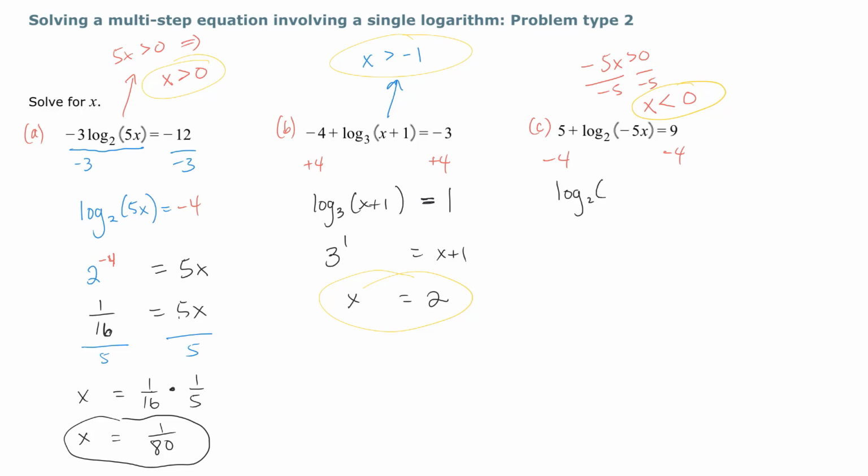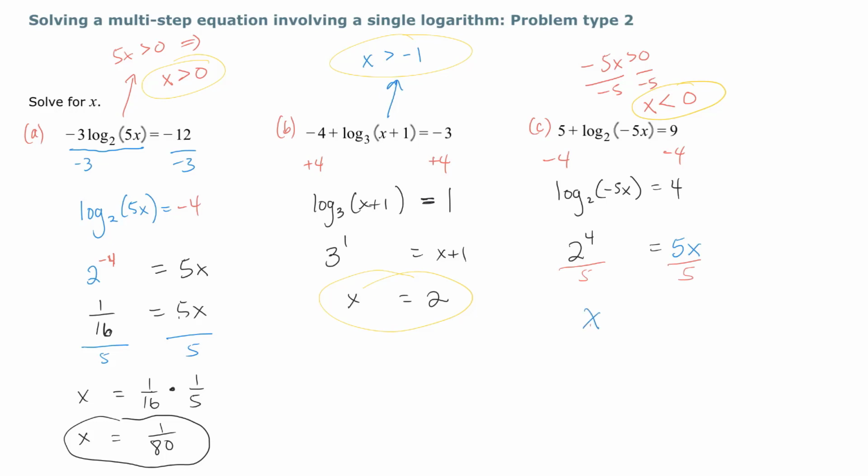Log base 2 of the opposite of 5x is now equal to 4. By definition of logarithm, this is 2 to the 4th power is now equal to 5 times x. Well, you should divide the entire sides by 5, because 5 is not 0.